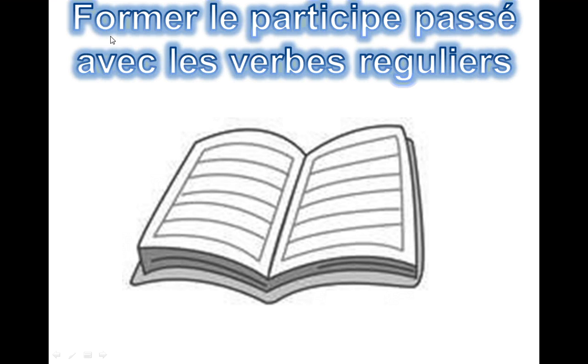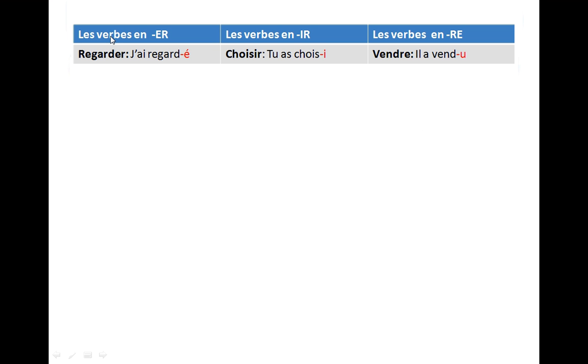There are irregular verbs and regular verbs. Let's start with the regular verbs, les verbes réguliers. Verbs are divided into verbs that end in er, for instance, regarder, parler, and so on and so forth. Then you have the verbs in ir, finir, choisir, and so on and so forth. And then you have the verbs that end in re, descendre, vendre, and so on and so forth. So look how you basically form the participe passé.